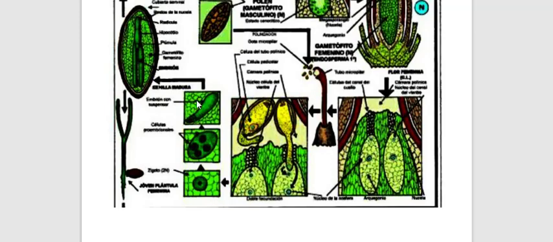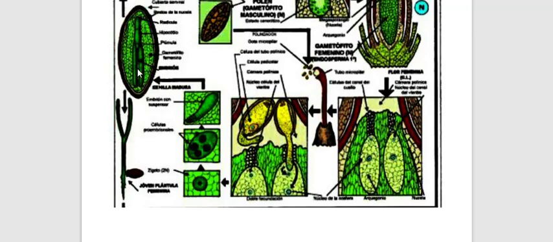And this embryo, after producing all these parts, when all these parts are completed, the internal structure of the embryo is like this, and some changes occur through which the embryo is changed into a seed.